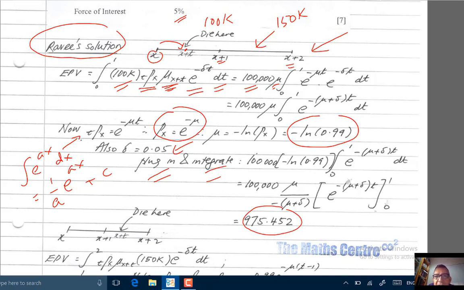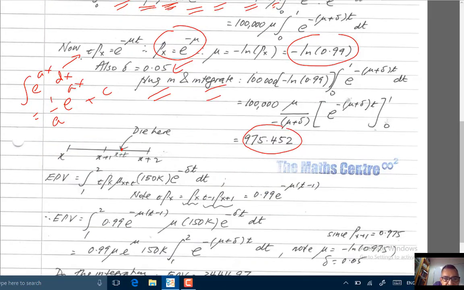Now we need to consider the case where the person dies in the second year. So dying here, this is age x+t now. For him to die here, he has to live up to here. That's t p x. And then the force of mortality will strike, and we have mu x+t, and this person dies.